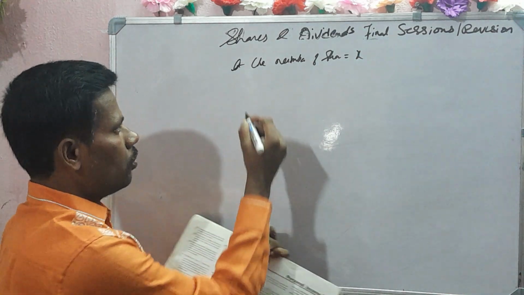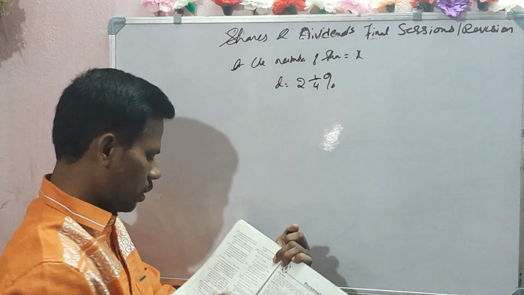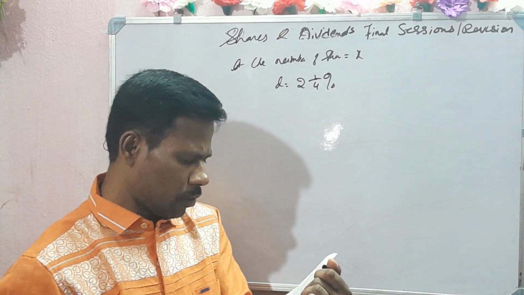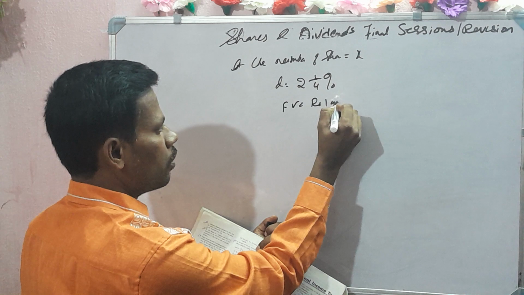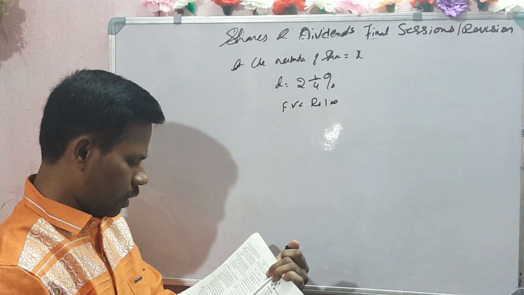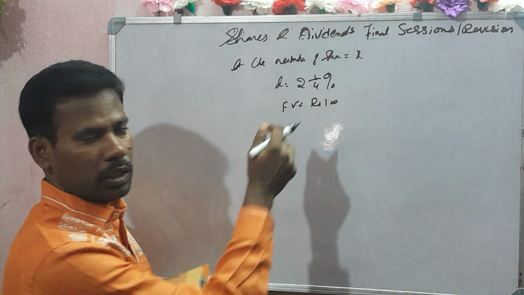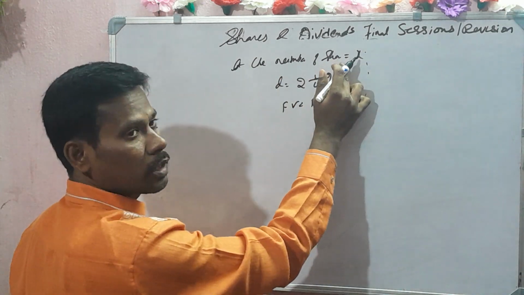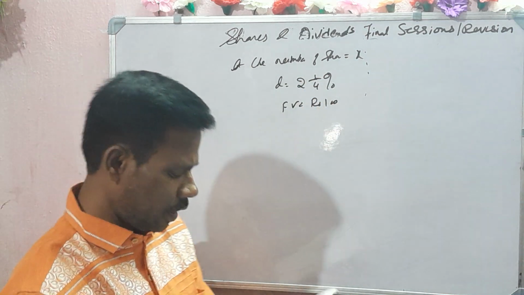So D is equal to 2 1/4%, right? And the face value is how much? Face value is 100. Let us continue until here. Let the number of shares be x. D is equal to 2 1/4%, face value is 100.